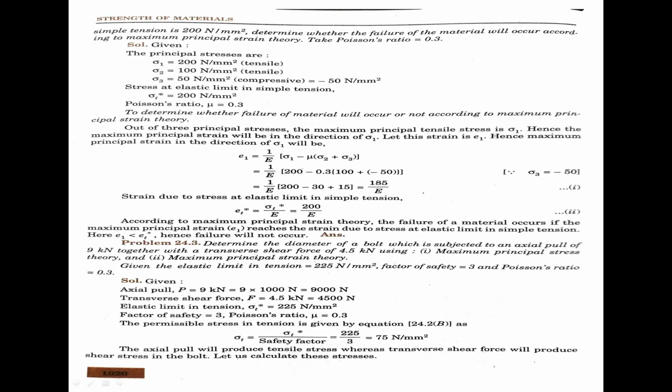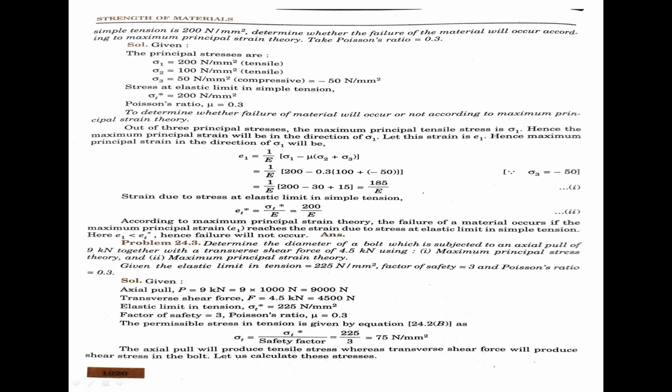According to maximum principal strain theory, the failure of material occurs if the maximum principal strain reaches the strain due to stress at elastic limit in simple tension. Here E1 is less than E suffix T star, hence failure will not occur.